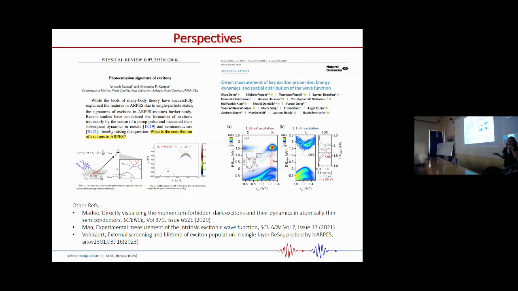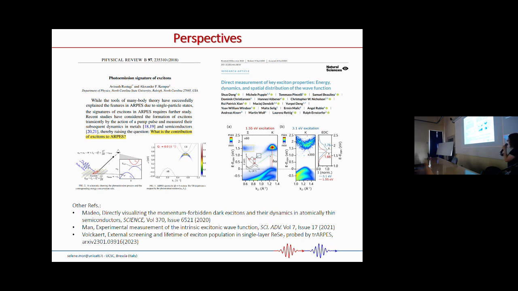Perspectives. I've talked a lot about exciton dynamics, and we stay in this field. There is now a big effort, which was promoted by theory, in trying to address the signature of an exciton. Not only of an excitonic insulator, actually even one step behind, in a single exciton frame.